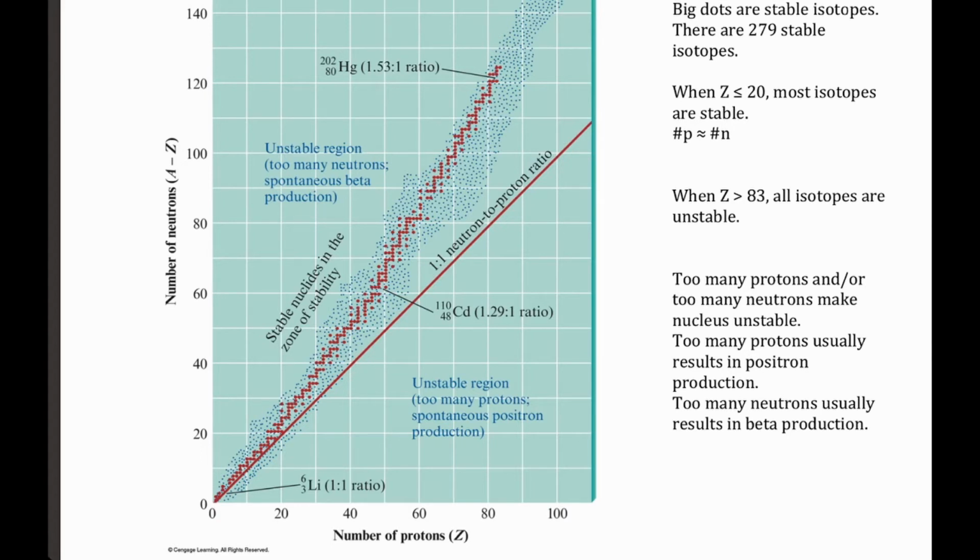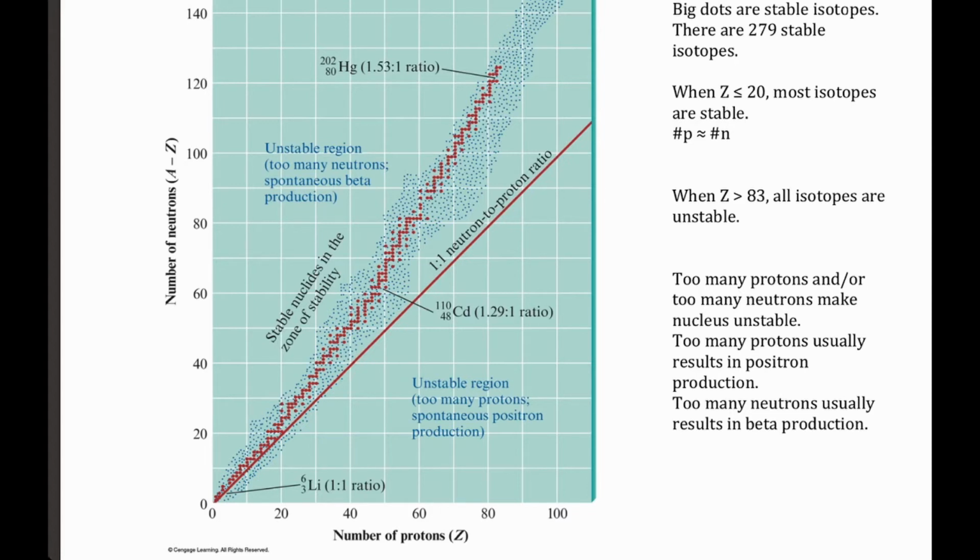The red dots, going from left to right and up toward the right, show for those various neutron and proton numbers whether there's a stable isotope or not. A red dot describes a stable isotope. The blue dots are the unstable isotopes that have those numbers of neutrons and protons. So this is showing all the isotopes, stable and unstable.